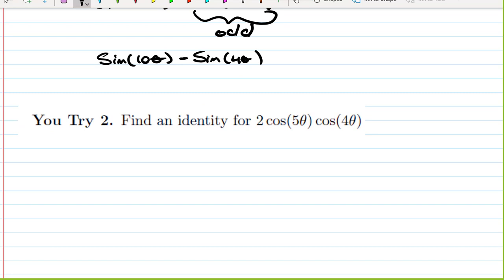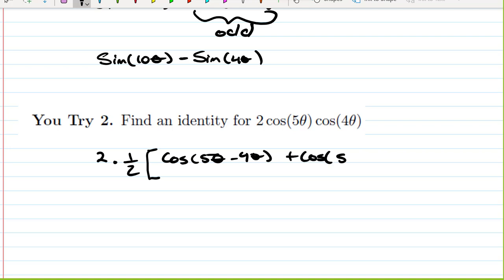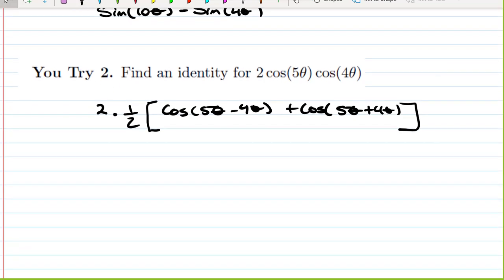So similar to what happened before, we're going to have 2 times 1/2. And it's going to be the cosine of 5 theta minus 4 theta plus cosine 5 theta plus 4 theta. So 5 theta take away 4 theta is going to be just theta. Those cancel out. So we get cos theta plus the cosine of 9 theta.